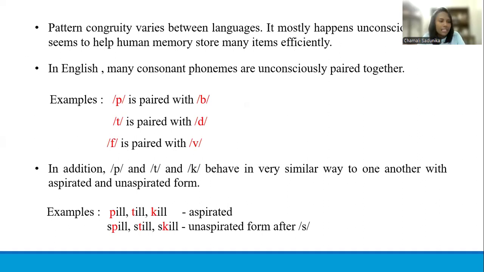This pattern congruity varies between languages. It mostly happens unconsciously and seems to help human memory store many items efficiently. In English, many consonant phonemes are unconsciously paired together. For example, p and b: the voiceless bilabial stop is paired with the voiced bilabial stop.